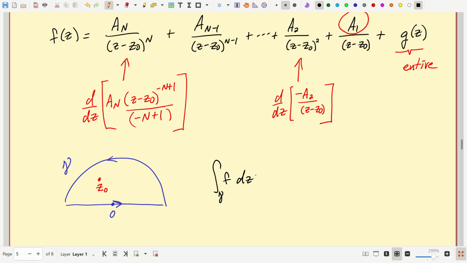the integral around something that's a derivative would be 0, because it's a closed curve, by the fundamental theorem of calculus. So I get 0 plus 0 plus 0. And then the one that would be not 0, perhaps, is the residue term.